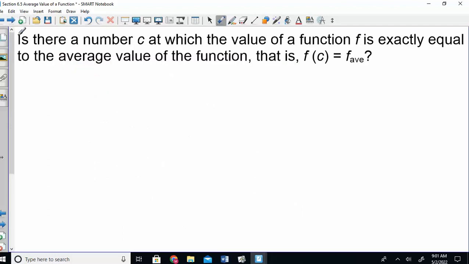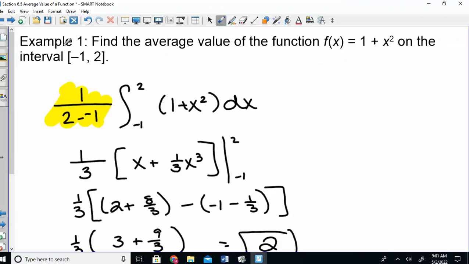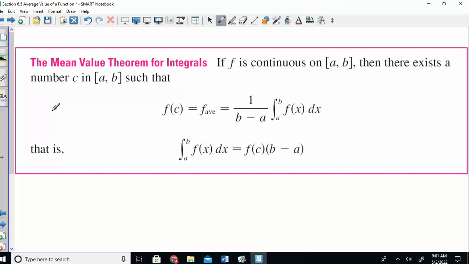The second type of question that I might ask you in this is, is there a number c where the function is exactly equal to the average value? So in other words, for this example, does this function ever equal 2? Okay, so if we're thinking about this, that's kind of the mean value theorem. Remember we said way back when we did the mean value theorem, we had these conditions, it had to be continuous and differentiable.